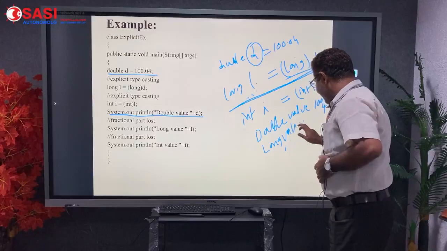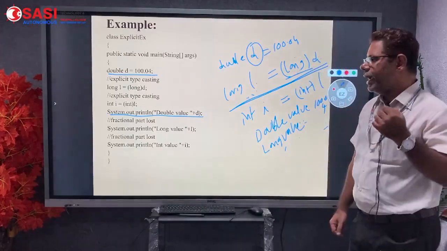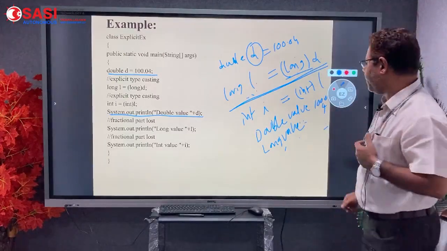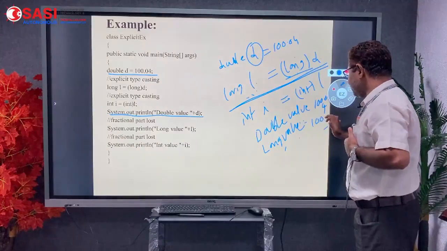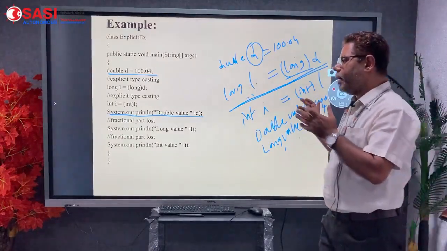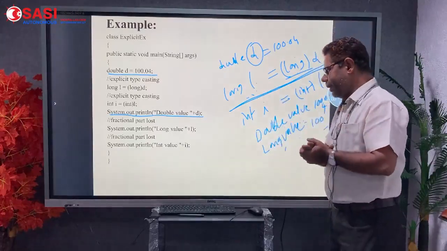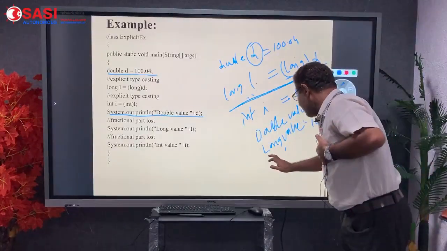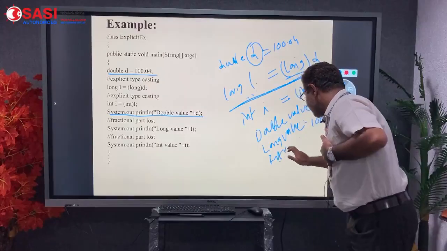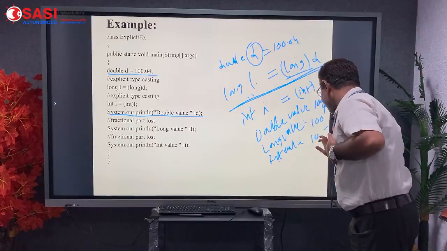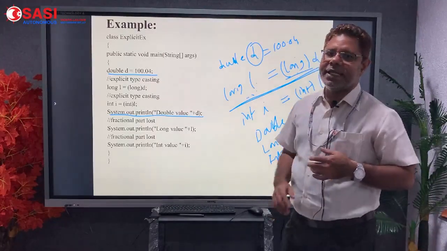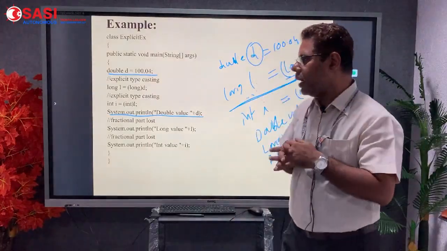Here we lost data. There is a fractional part we can lose. That means the output is 100. Why? Because we are converting the double data type into the lower long data type. Similarly, the int value output is 100. So in the explicit casting there may be a data loss.